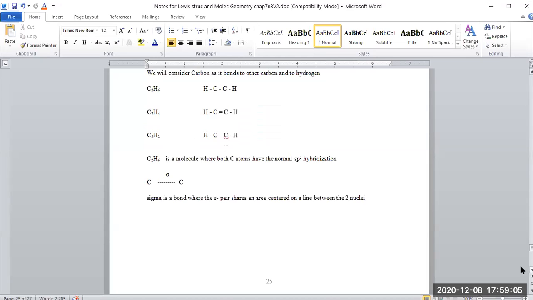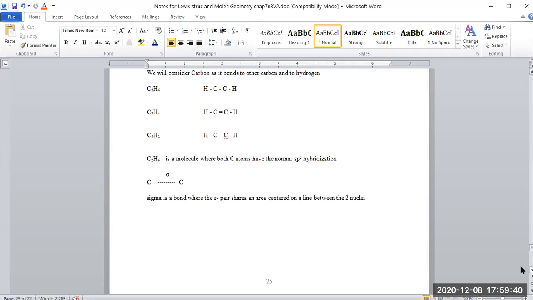If you have all regular single bonds, not only does this give you a carbon which has a relatively normal sp3 hybridization, we're also going to call the bond that runs between the two carbons, in addition to being a single bond, a sigma bond, because it's like a little shuttle service.